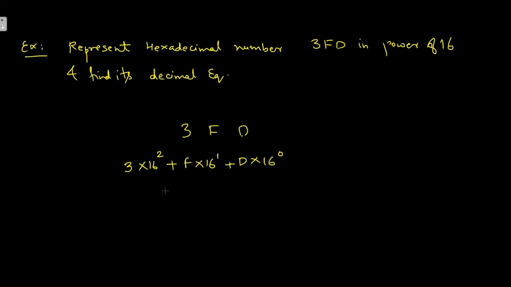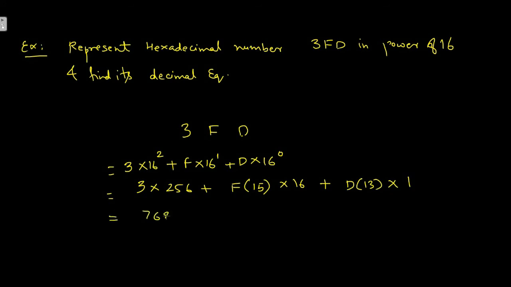Now we calculate it: 3 into 256 plus here F is 15 into 16 plus D is represented as 13 into 1, and it gives 768 plus 240 plus 13, and we get a decimal equivalent 1021 to base 10.